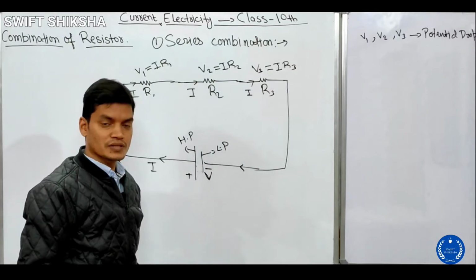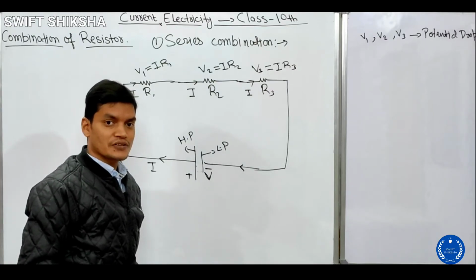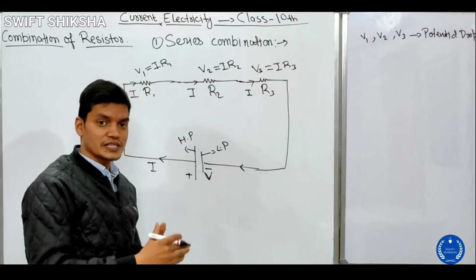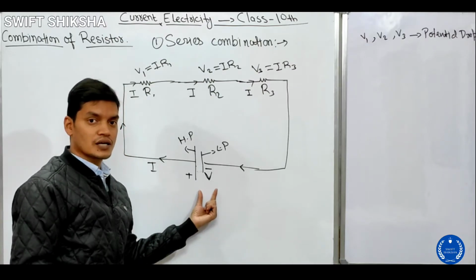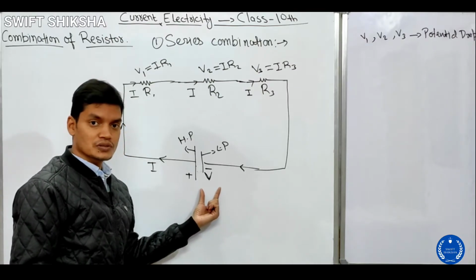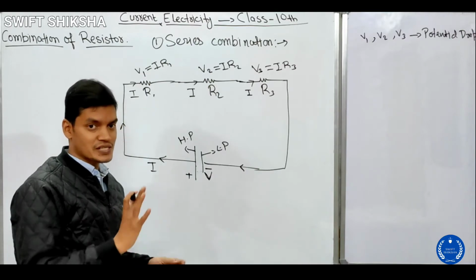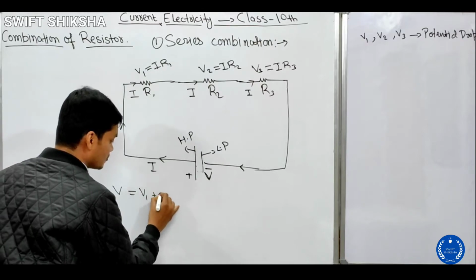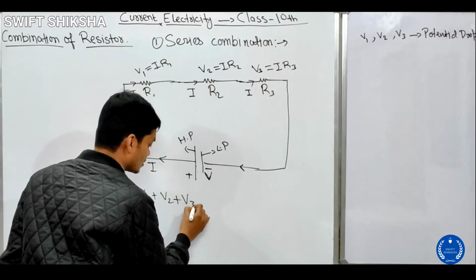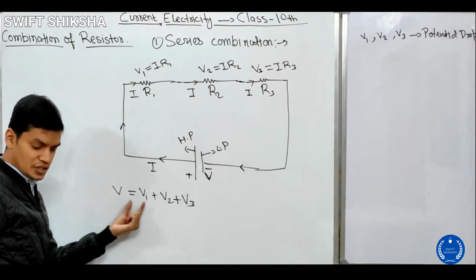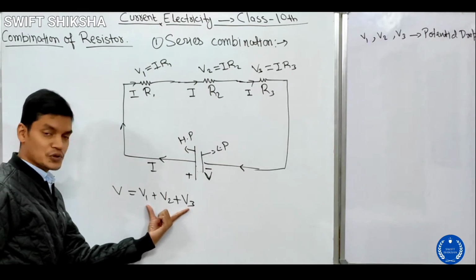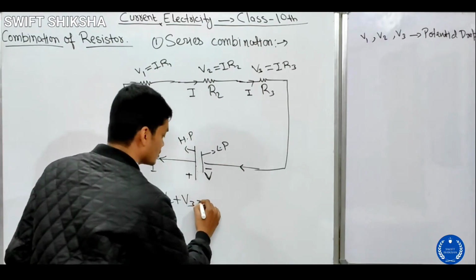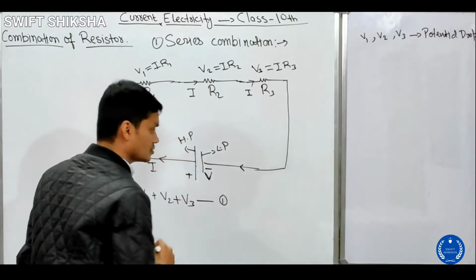Then the applied potential V is equal to the summation of all potential drops. Then you can write V is equal to V1 plus V2 plus V3. This is your first equation.